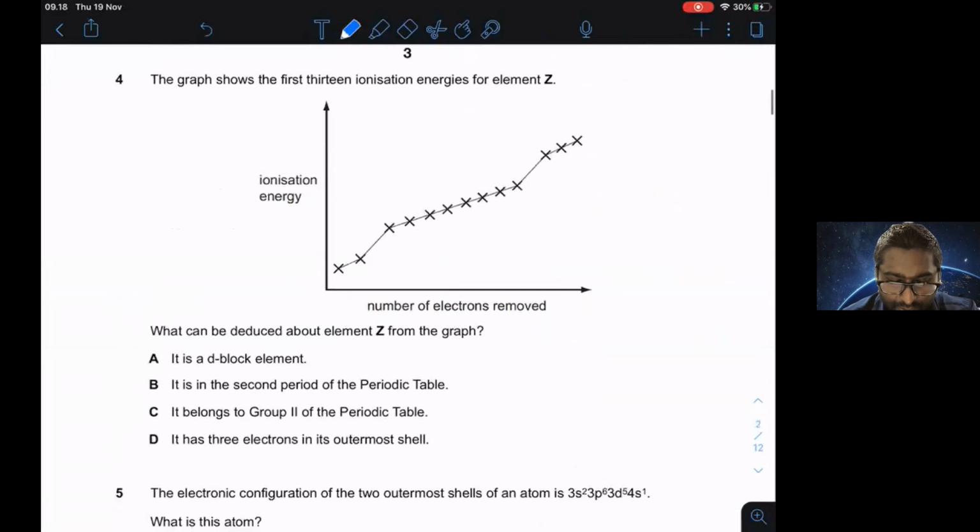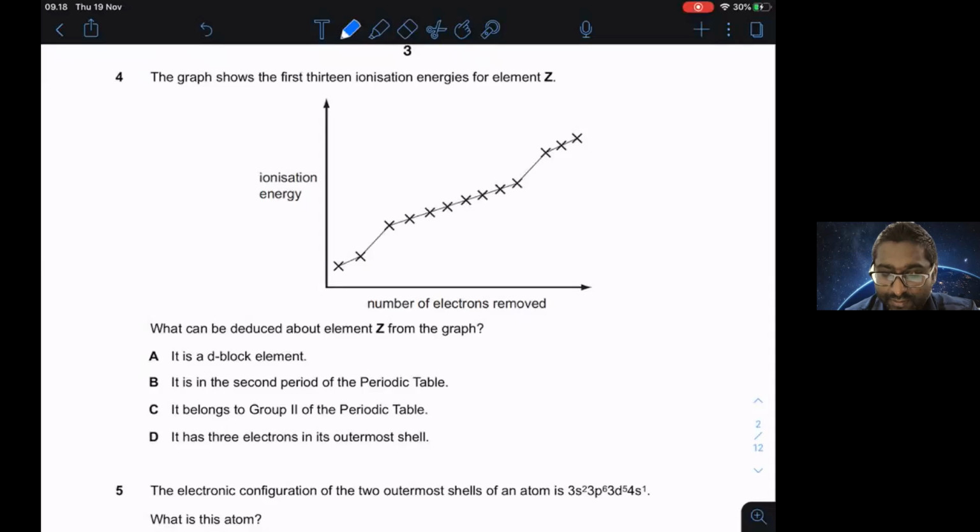Next question. This graph shows the first 13 ionization energies for element Z. They didn't say all the 13, it's just the first 13. When you remove the electron, you always remove the outermost electron. When you remove the first electron, then the second electron, the third electron takes a bigger jump.